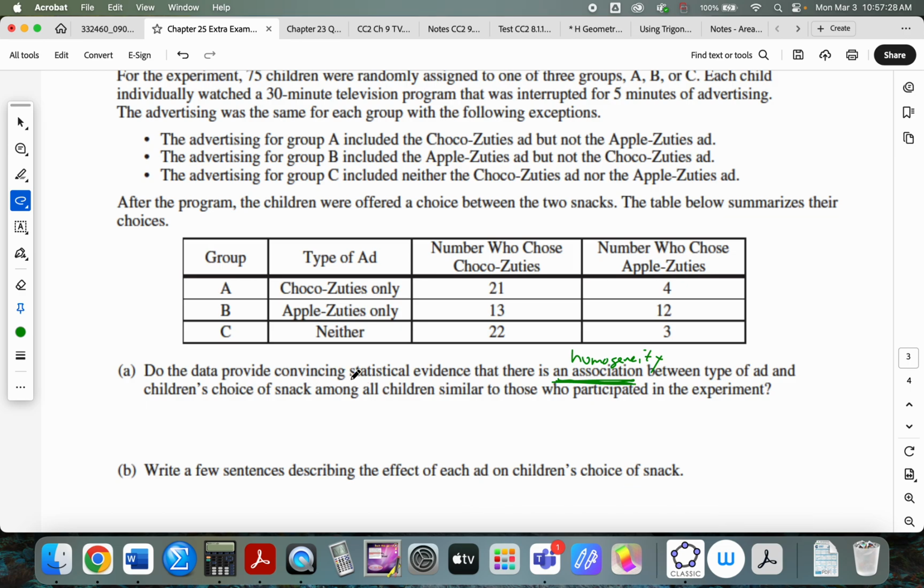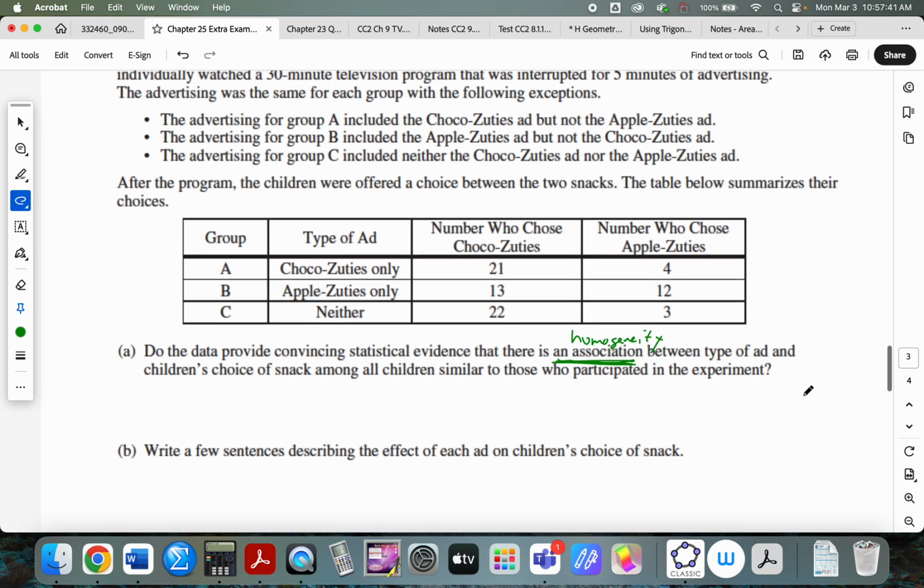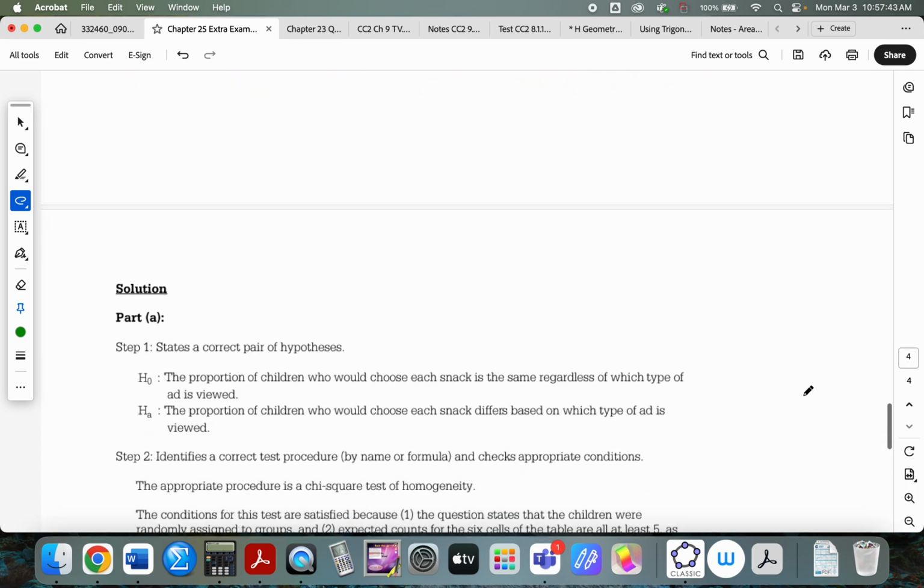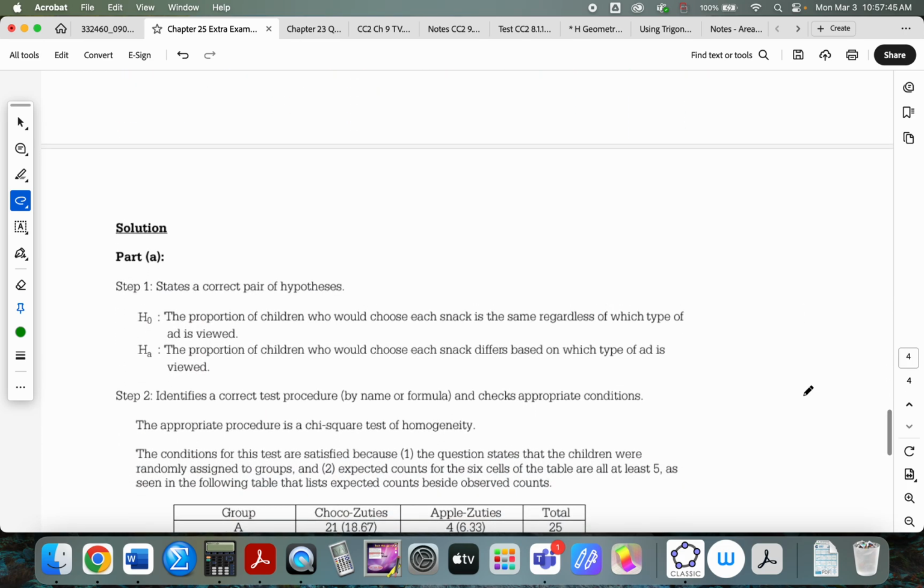All right. So do the data provide convincing statistical evidence that there is an association between type of ad and the children's choice of snack among all children who participated in the experiment? To save us some time, because I do want to look at the quizzes, you have to start with a pair of hypotheses.